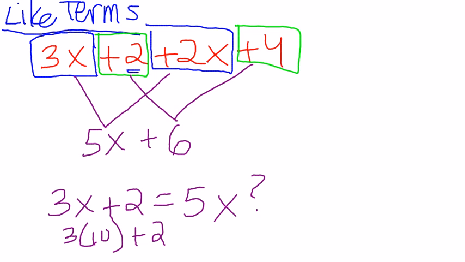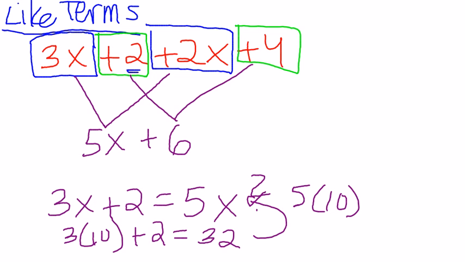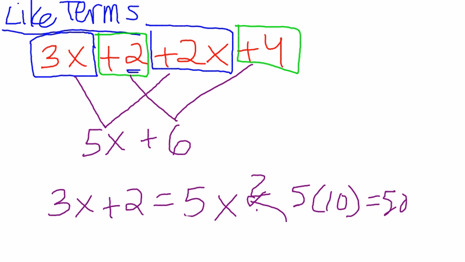And 3 times 10 plus 2 would be 32, right? If I went back here and plugged it in, is 5 times 10 the same thing as 32? No way, it's 50. So you can't actually add a 3x and a 2.